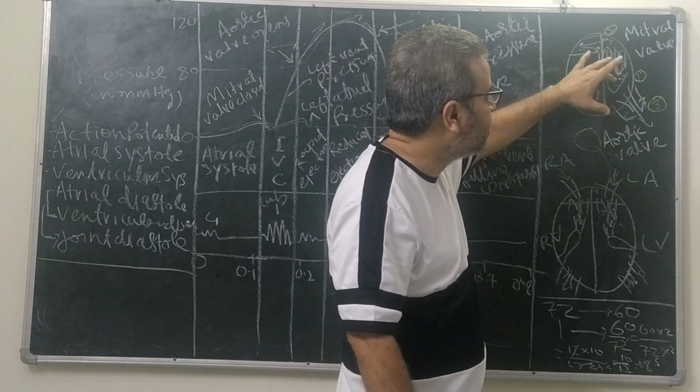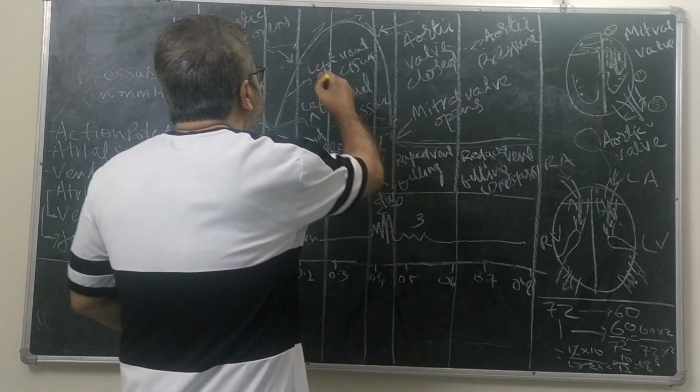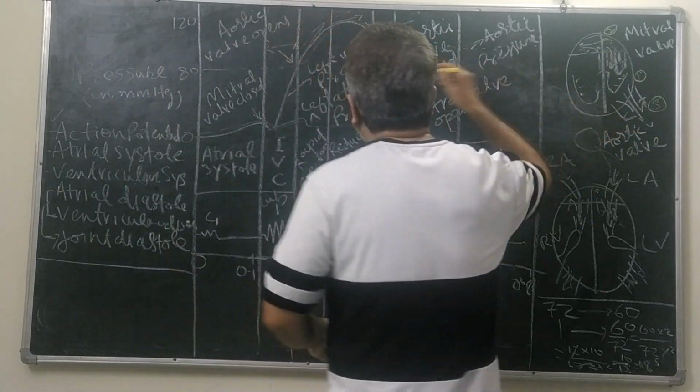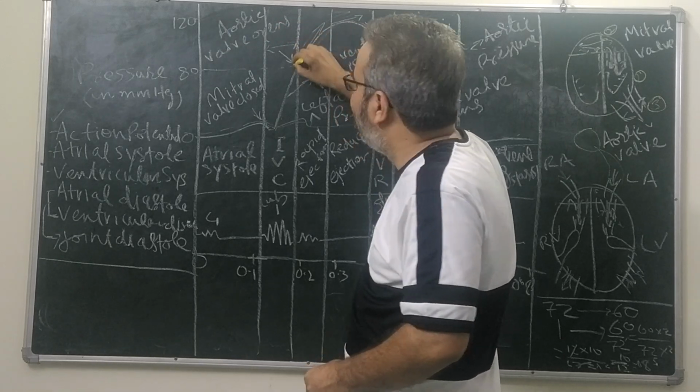This is because the pressure here is more than the pressure here. So blood is pumped. This is the point when the aortic valve opens.